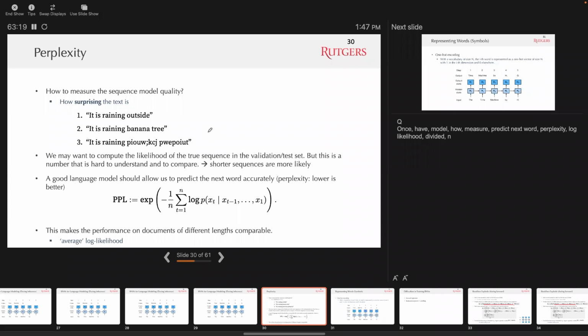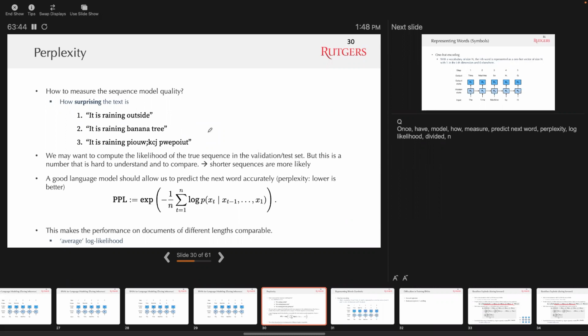In a convolutional neural network, when you're doing classification, it's very easy to evaluate. You just calculate your accuracy on the data set, and the higher the better. But language modeling is slightly trickier, because what you're generating is actually a sentence. How do you measure whether this is a good model or a bad model?